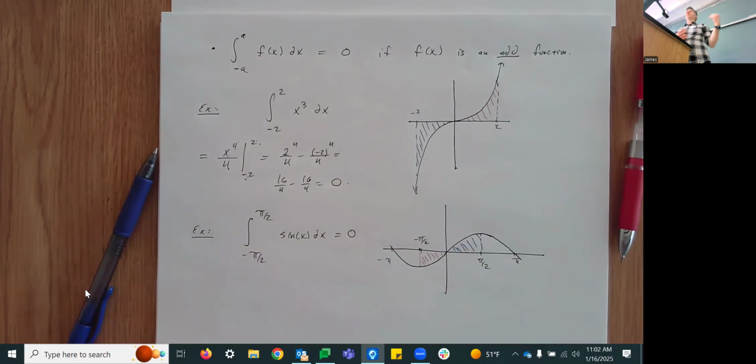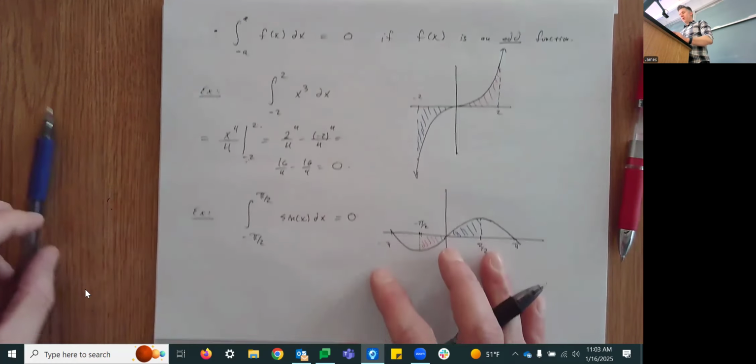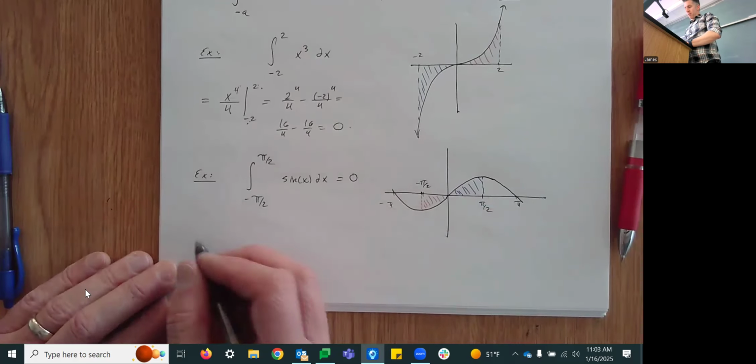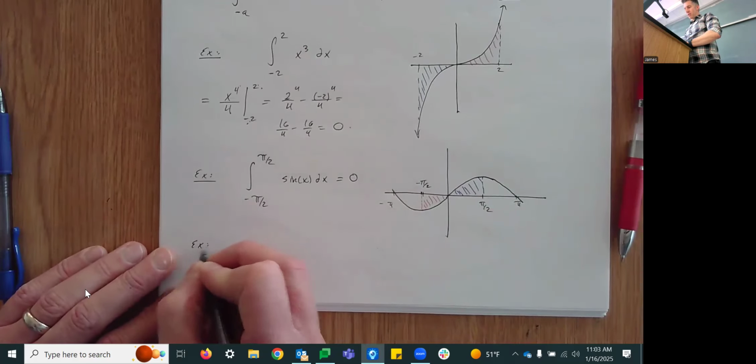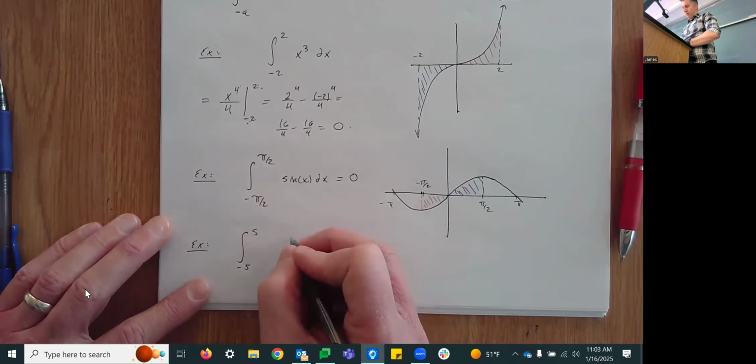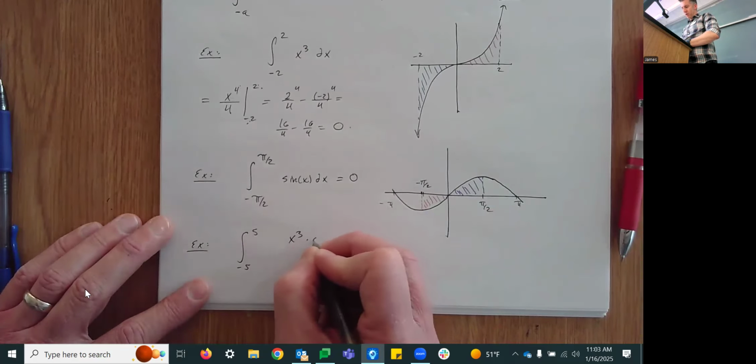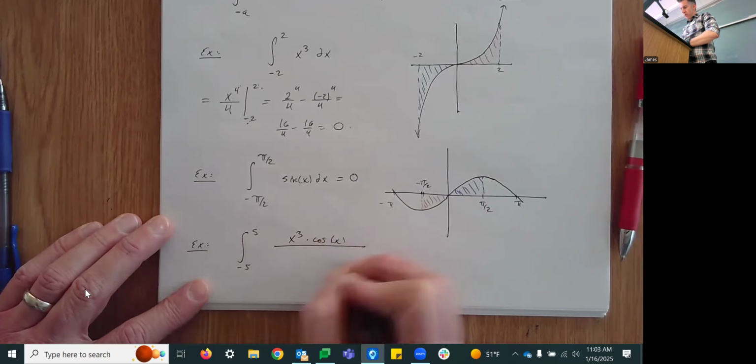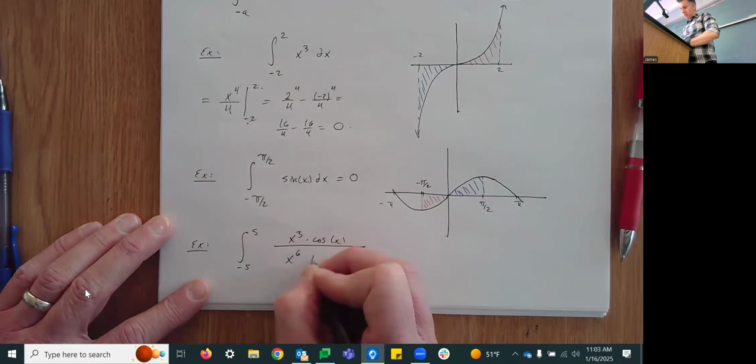So where does this come into play? Well, it comes into play maybe on an exam where someone asks you to find the integral from -5 to 5 of x cubed times cosine of x over x to the 6th plus 1.